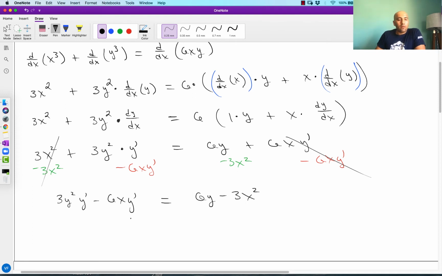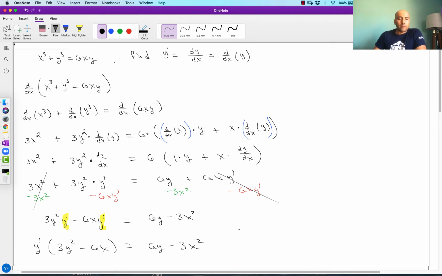Okay, so now what I want to do now is factor out the y primes. I have a y prime there, I have a y prime there. I'm going to factor it out, so I'll have y prime parentheses 3y squared minus 6x equals 6y minus 3x squared. Okay, so I'm almost done. Let me take this guy and move it over here.